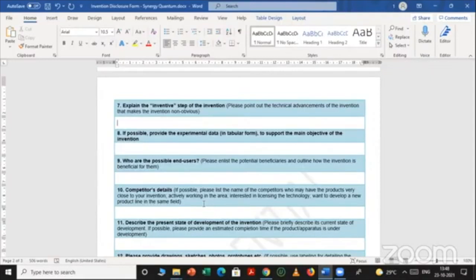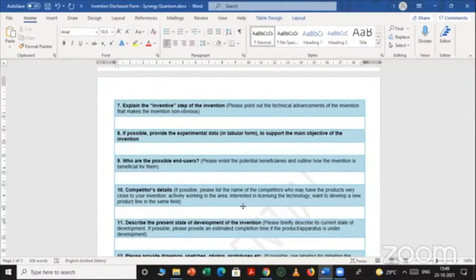This will help attorneys. Then the 9th point is who are the possible end users, and this is a very interesting point. It means who is going to use your invention? Your invention may be used by a housewife, by telecom companies, or by pharma companies. You have to mention it here because it gives better coverage of your invention.